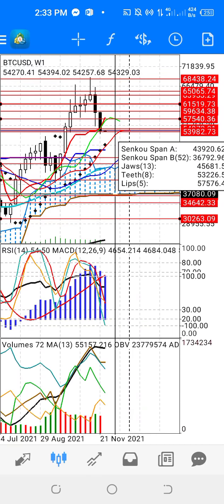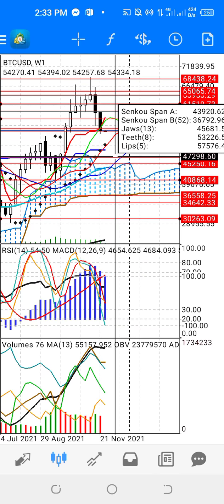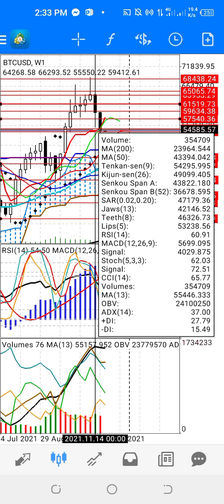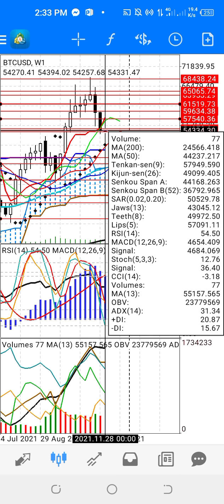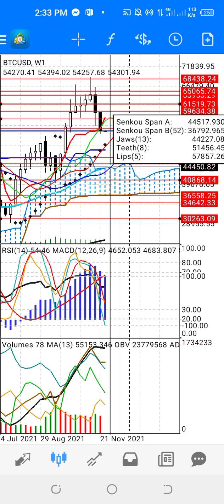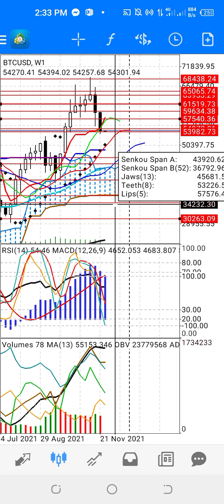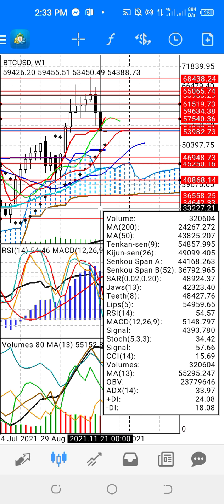even deeper. So there's a potential that in the next months, if there is an upward correction, Bitcoin will still drop until here, even here, or even here. So that is my Bitcoin analysis for next week, next month, or even the first quarter of 2022.